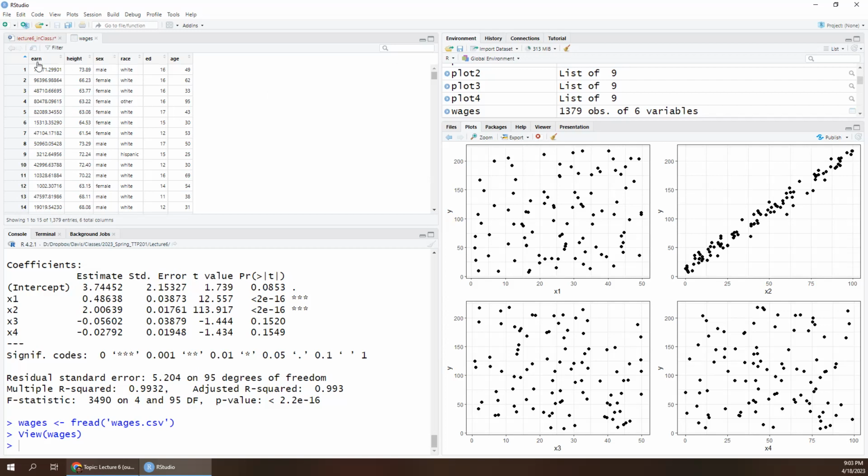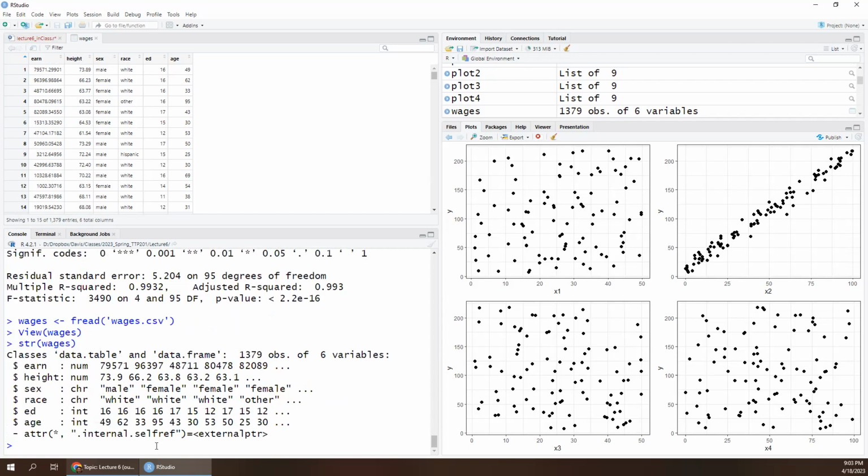There are over 1,000 rows or data points, and each row contains information about a person's earnings, their height, their gender, race, education, and age. And indeed, we can take a look at some details about it.